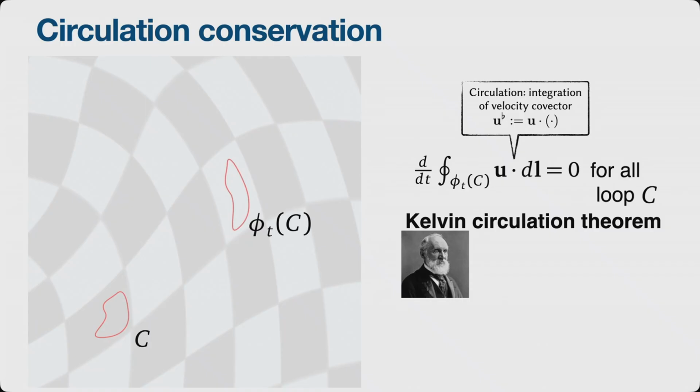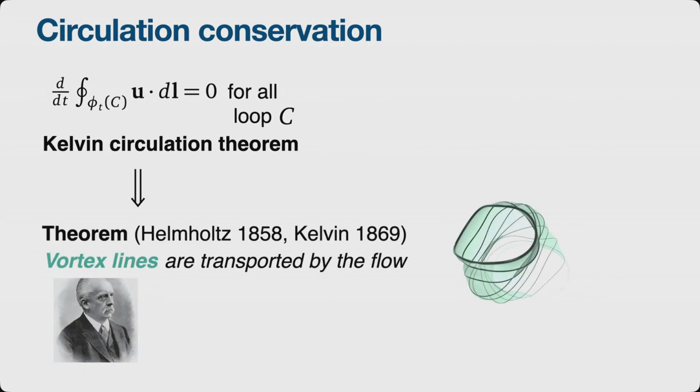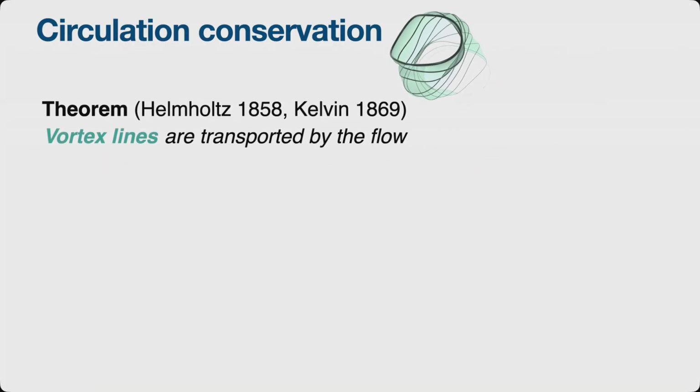And hopefully you want all information, as long as it's related to vorticity, to be preserved in your simulation. In a more dimension-agnostic way, Helmholtz said that in general, vortex lines are transported by the flow. So you can imagine that you have some sort of vorticity forming along your plane wing, and if it's ideal physics, this vortex line just gets carried by the flow and it doesn't dissipate.